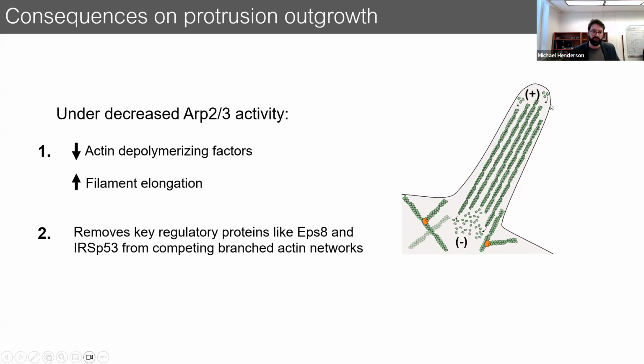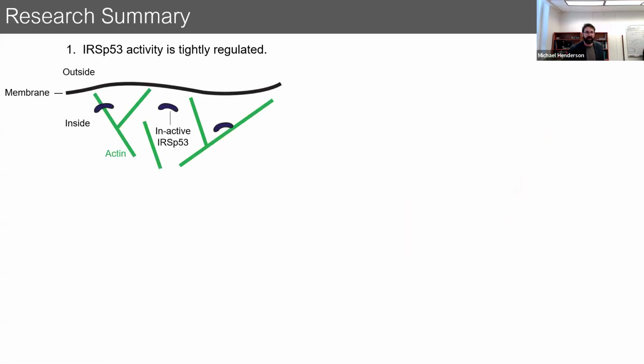So this is where I come to the end, where I'll summarize the big global picture and something you can take away from today's work. We found that protrusions are mediated by the activity of curvature-sensitive proteins, particularly IRSP53, where the cell tends to keep it in an inactive state to prevent unwanted protrusion formation.